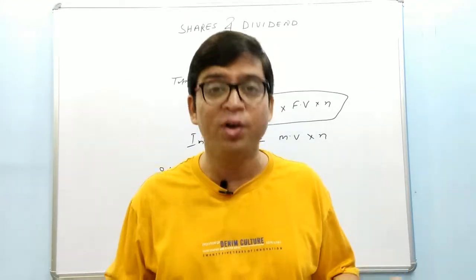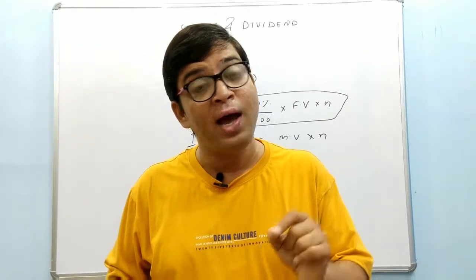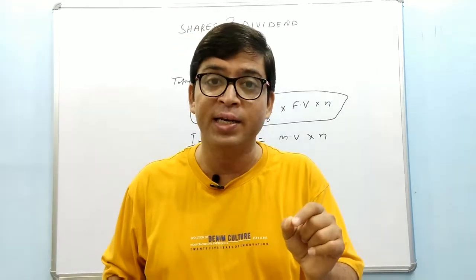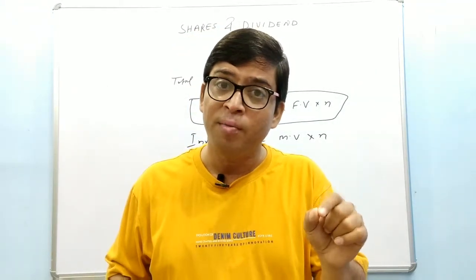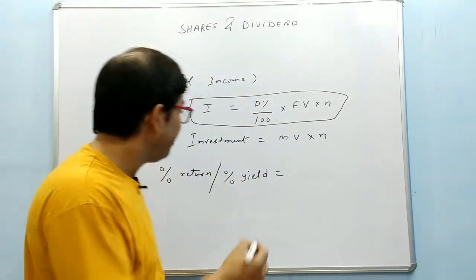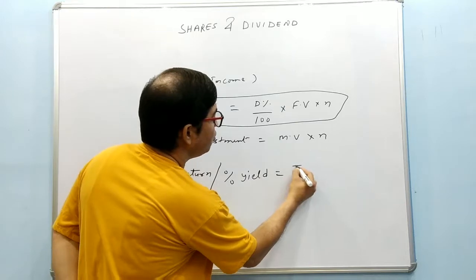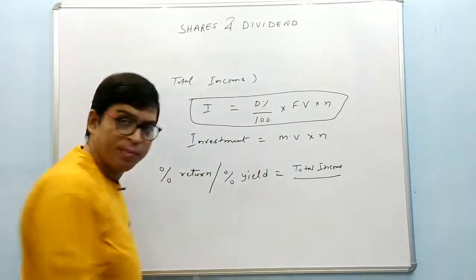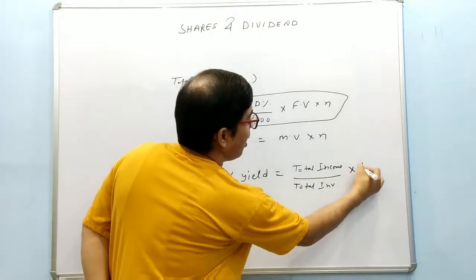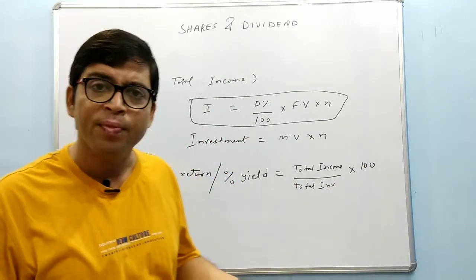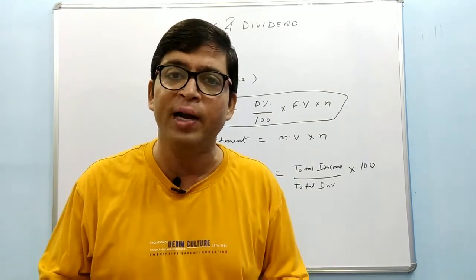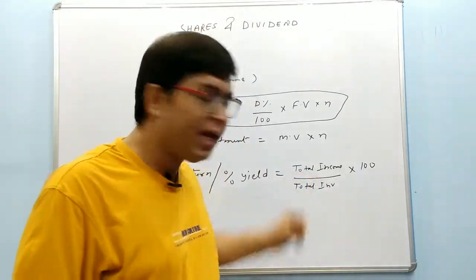Because we haven't got the share at nominal value, at the face value, we have got the shares from the market. So dividend percent is on face value, but what return are we getting on our investment? Very simply you can write total income, that we know, by total investment into 100. That income we are getting from the company and that is our investment. So the percentage return we can get very easily.